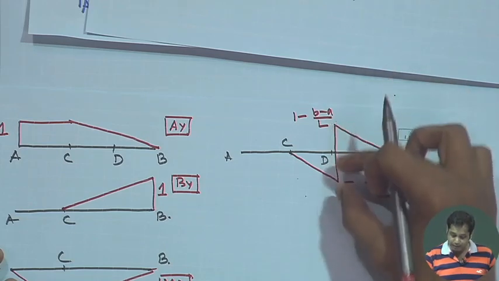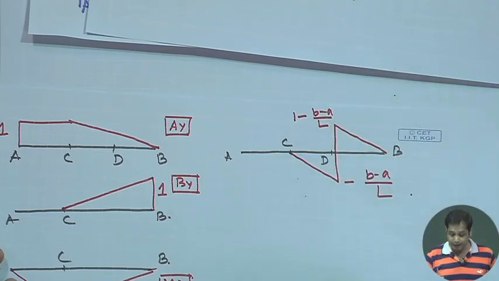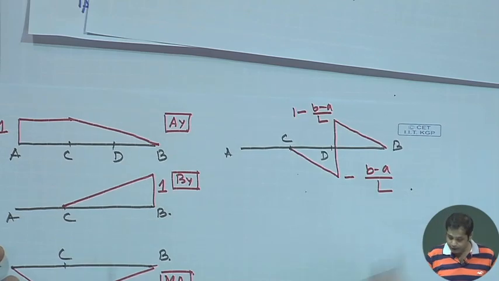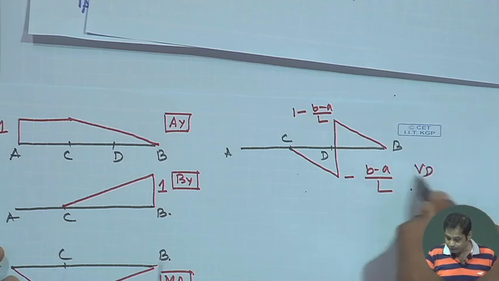If you add them, their absolute value will be 1 in this case, because the only applied load is a downward unit load. Okay. So, this is for Vd.